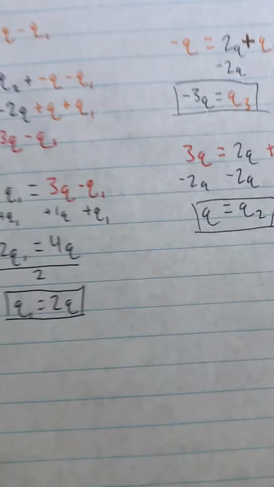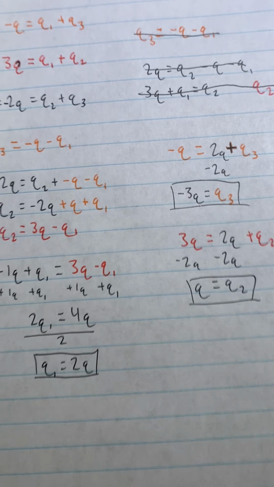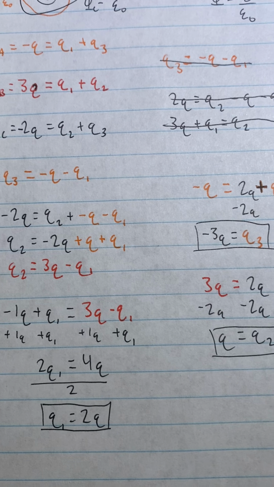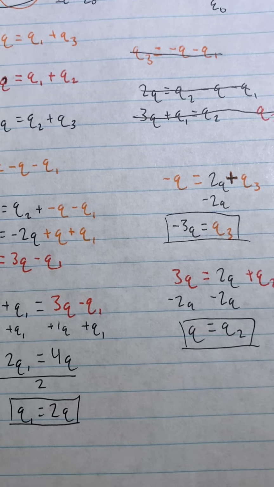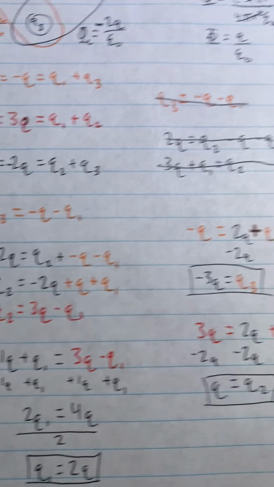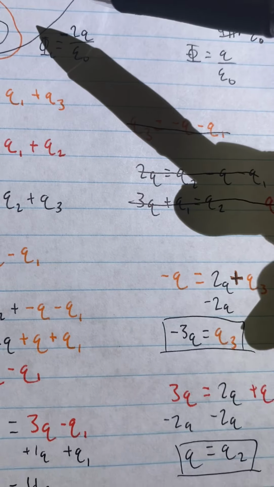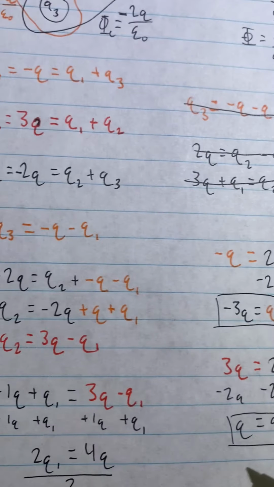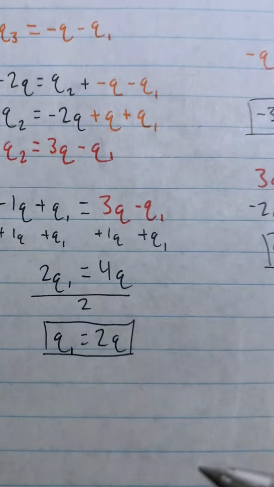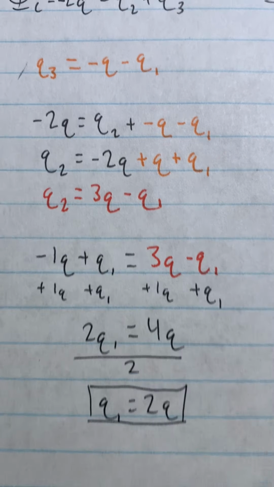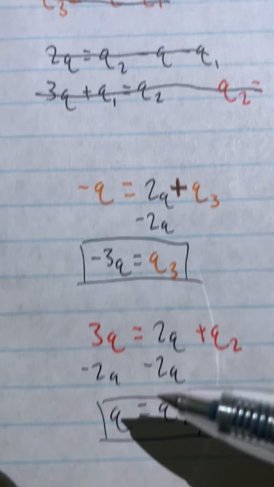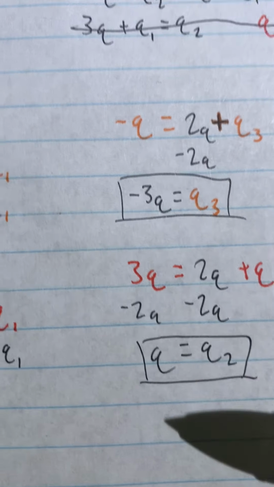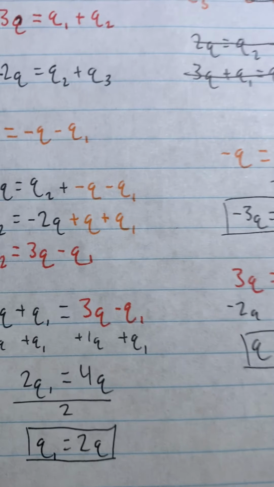So basically, the value or the magnitude of each charge is 2q, negative 3q, and q.